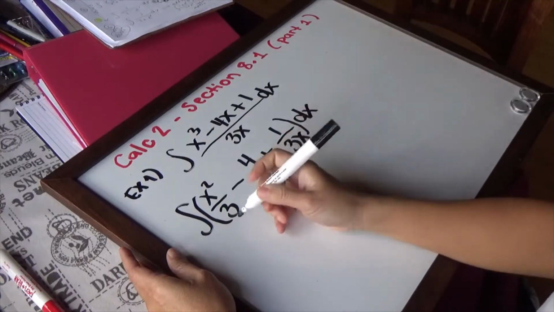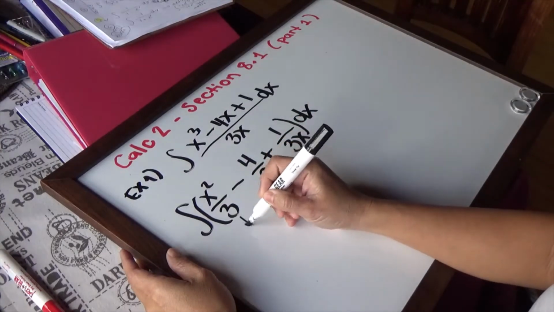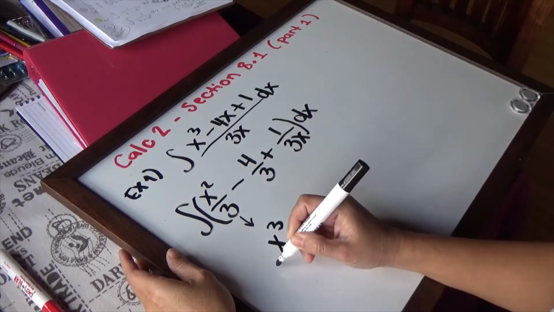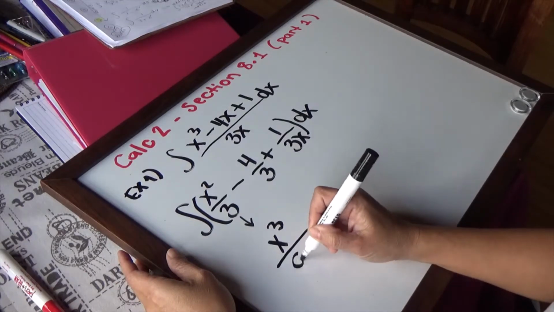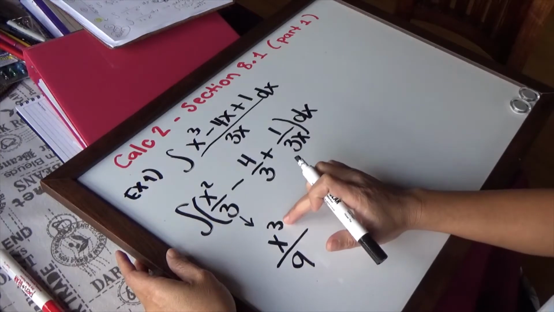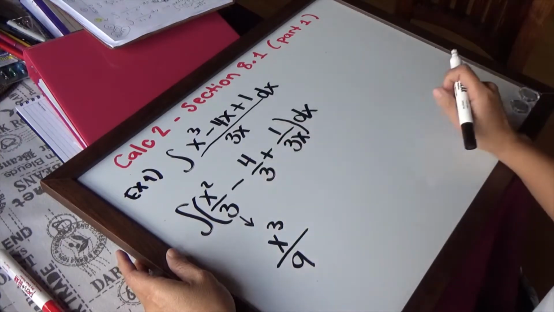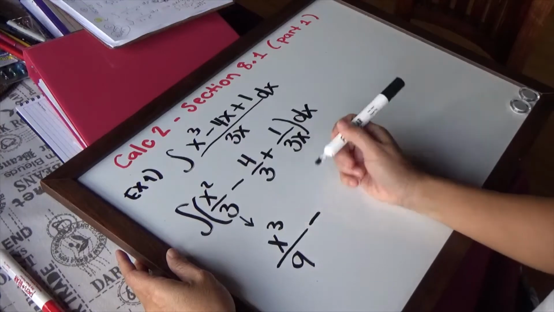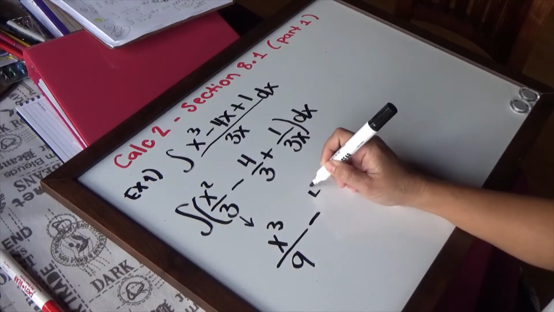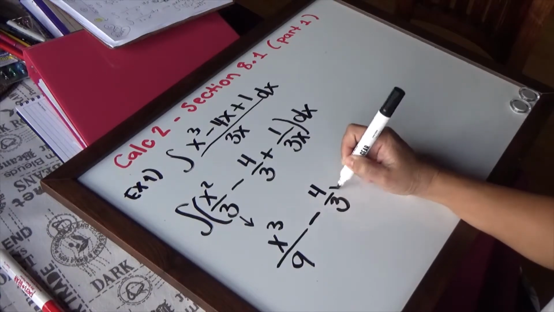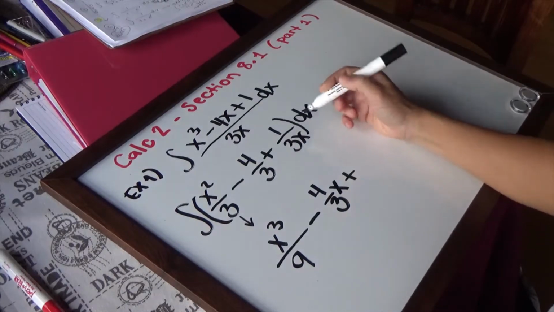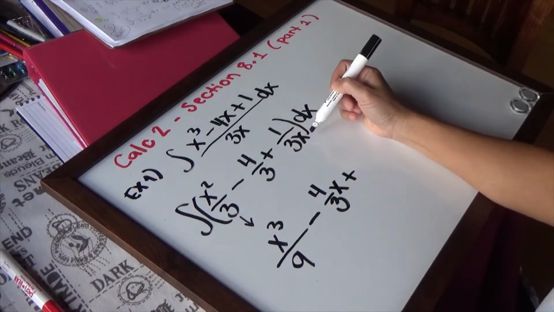So the integral of x squared over 3 would be x to the third over 9. That's because you're supposed to divide it by the 3, but there's already a 3 there, so you have a 9, minus the integral of 4/3 dx would be 4/3 x, plus the integral of 1 over 3x.